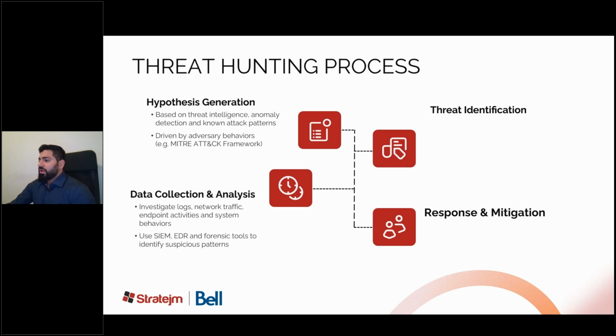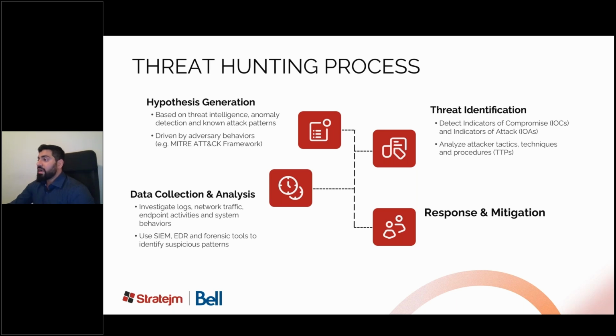Now, when we're running threat hunting, we are aggregating and examining vast amounts of security telemetry data to uncover those hidden threats. Now, how do we identify those threats? This is where we move into the threat identification phase. This is where we correlate findings to detect indicators of compromise or indicators of an attack.